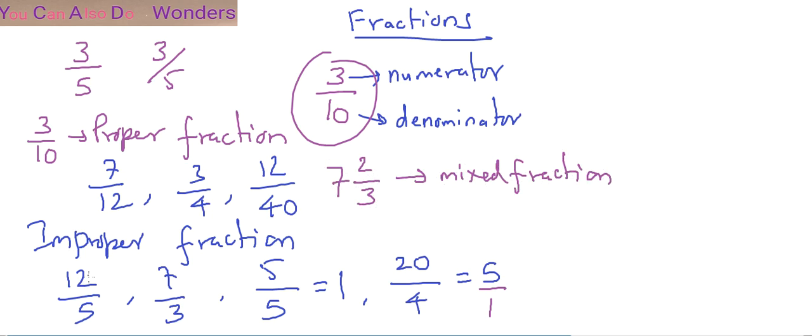For example, let's take say 12 by 5. When you divide 12 by 5, the quotient is 2, and the remainder is also 2. So we write it as 2 2 by 5, with the same denominator.